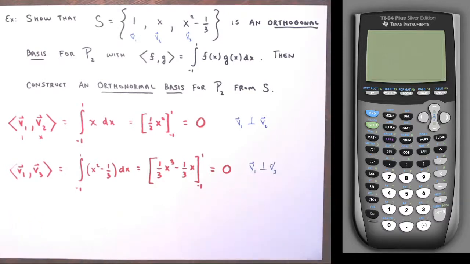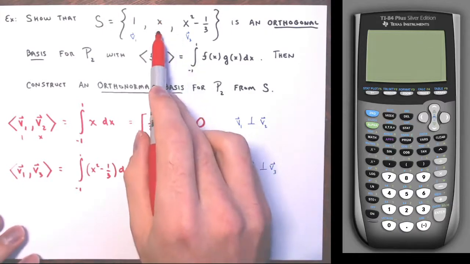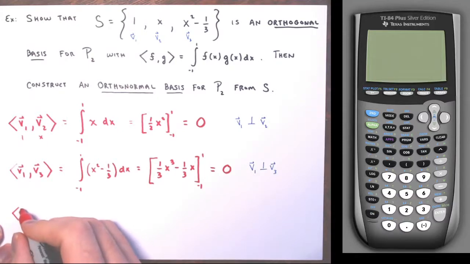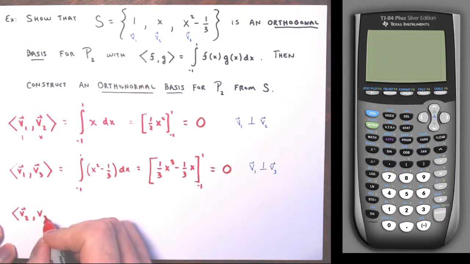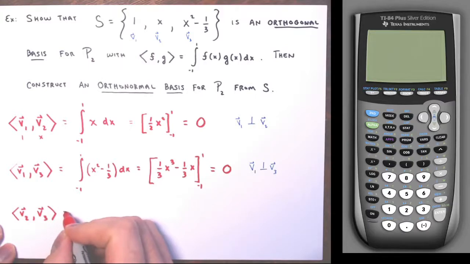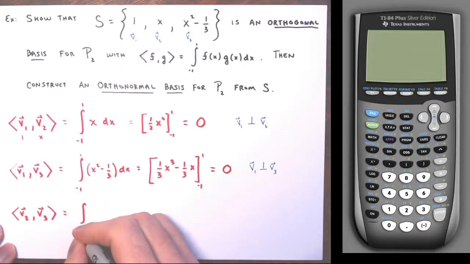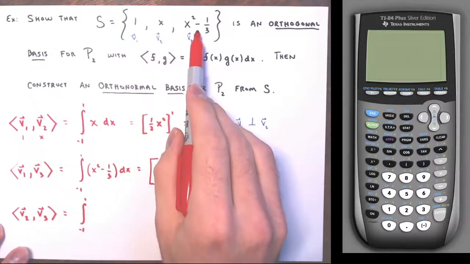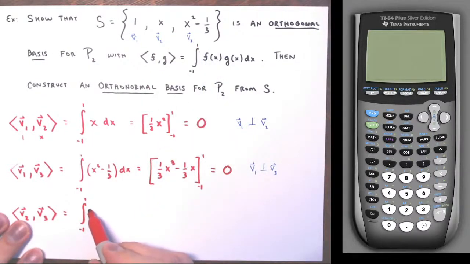Great. But that's not all. I have one more pair to check, V2 and V3. This would be the integral from -1 to 1 of x times x squared minus a third, which if you distribute, is x cubed minus 1/3 x.